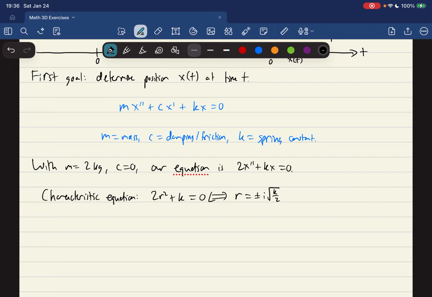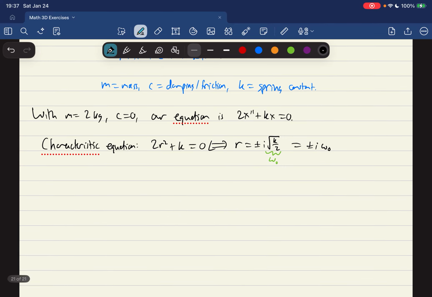Now let me denote this constant right here in front of the i by omega naught, so that our roots can now be written as plus or minus i omega naught. Then the general solution for our ODE is x of t equals c1 cosine omega naught t plus c2 sine omega naught t.